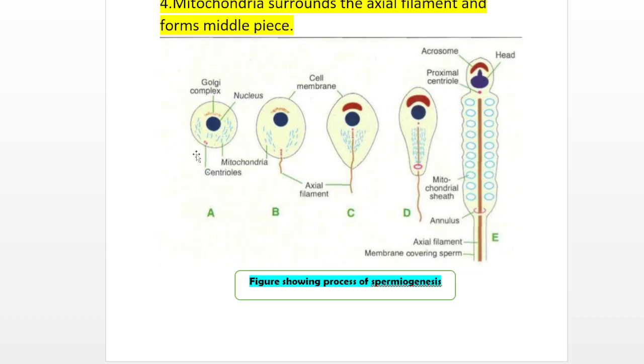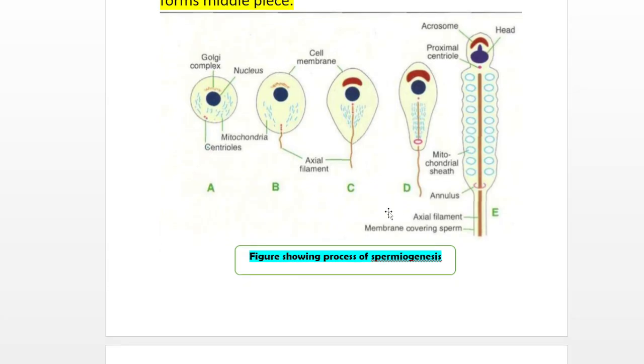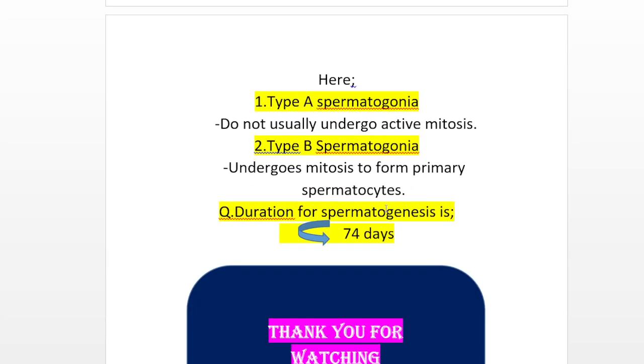Now the centriole forms the axial filament. At first the centriole is small, then it slowly elongates to finally form the axial filament, and the remaining mitochondria form the middle piece of the spermatozoa. This is the figure showing the process of spermiogenesis.